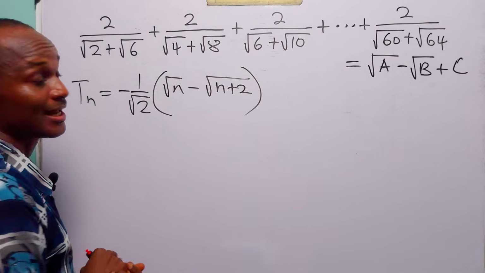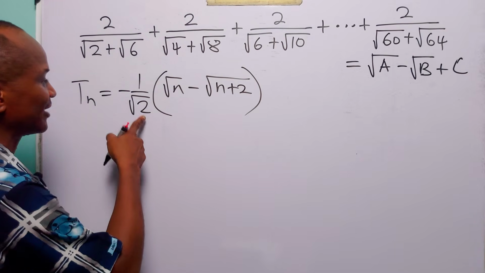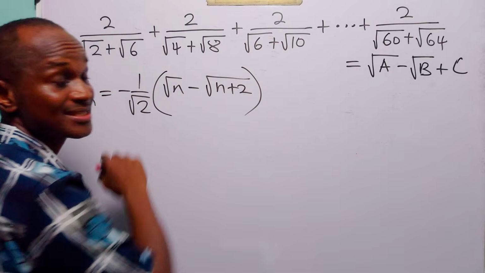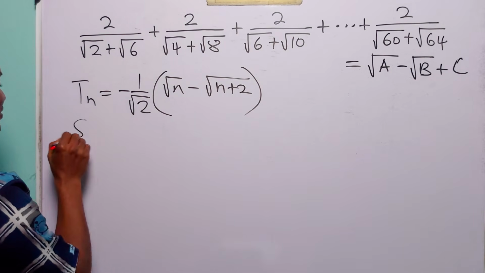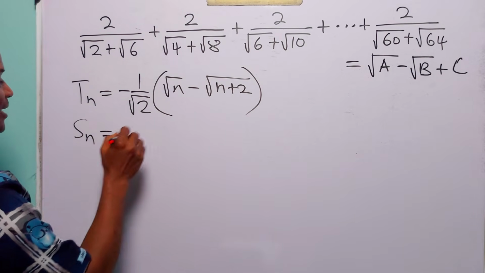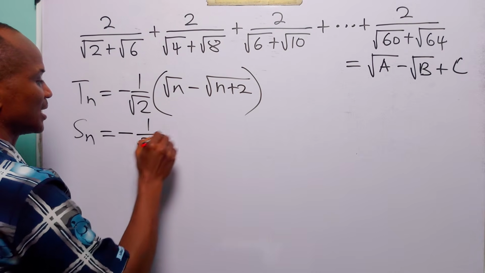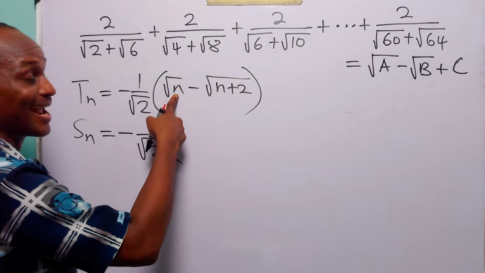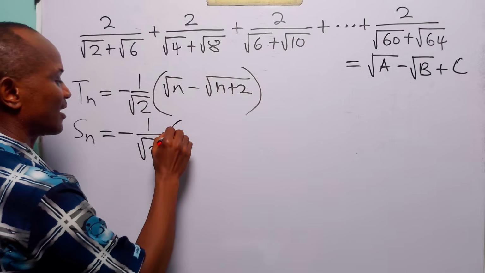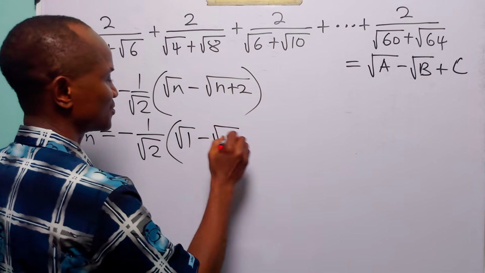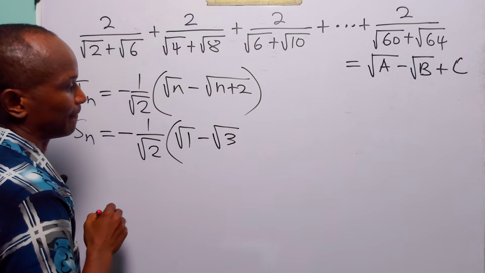Now that we have simplified the formula for the nth term, let us now find the sum of this series. We have Sn. This is going to be equal to minus 1 over root 2 times, when n is equal to 1, we have root 1 minus root 1 plus 2, which is equal to 3.